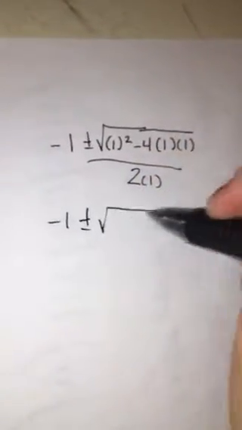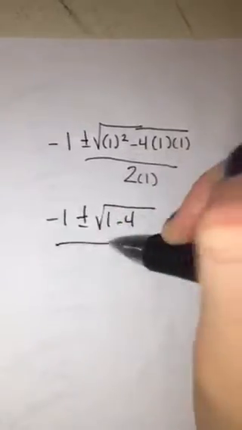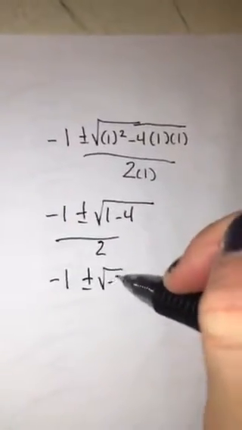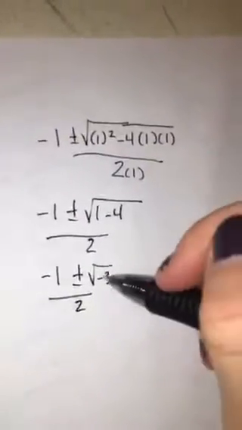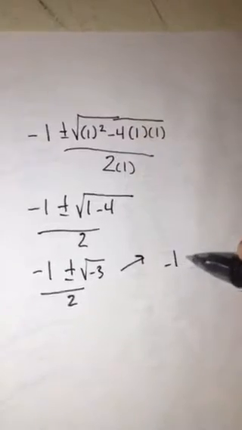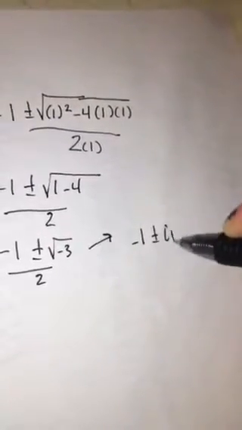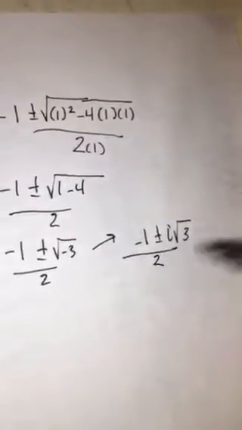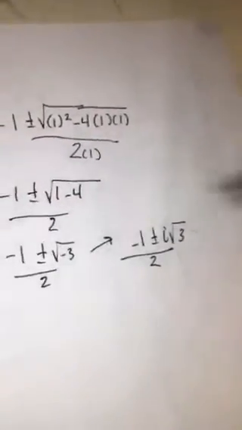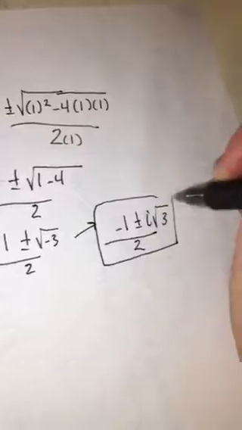Okay, so we'll go through and we'll simplify. So -1 plus or minus the square root of 1 minus 4, over 2, negative 1 plus or minus the square root of negative 3 over 2. And since we have a negative 3, that becomes plus or minus i square root of 3, like that. And this is our answer. So it's either plus or minus.